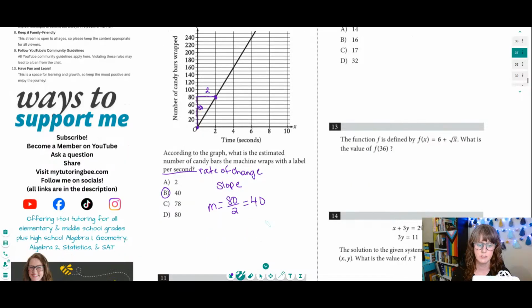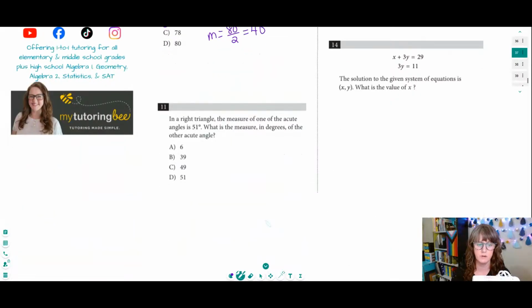All right, so let's go ahead and go down to number 11. In a right triangle, the measure of one of the acute angles is 51 degrees. What is the measure in degrees of the other acute angle? All right, well, let's draw out a right triangle here. So here's our right triangle, put our right angle right there.